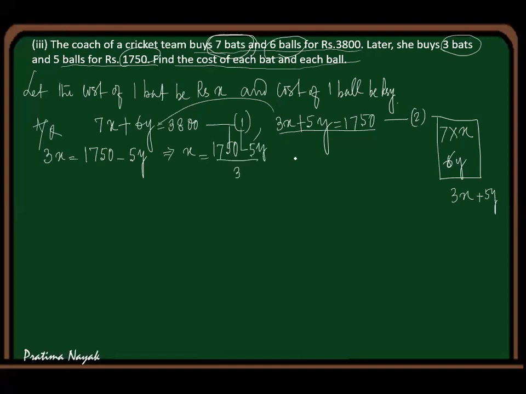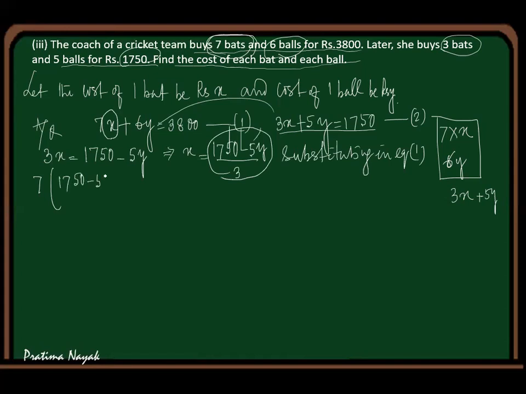Now substituting in equation 1, I'll get 7 into x. How much? 7 into (1750 minus 5y) by 3 plus 6y is equal to 3800. Now we'll simplify it very carefully.